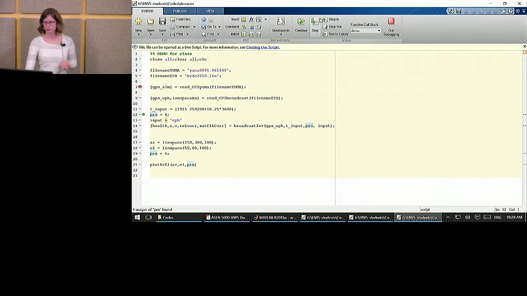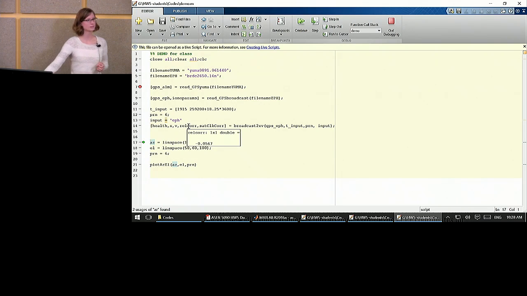Then you specify what PRN you want to do this for. You specify whether this is an ephemeris or an almanac version. Then you call this function and it will provide you with a position right here, a velocity, and then a relativity term. This is what you have to adjust for in your geometric range in problem 7, right?